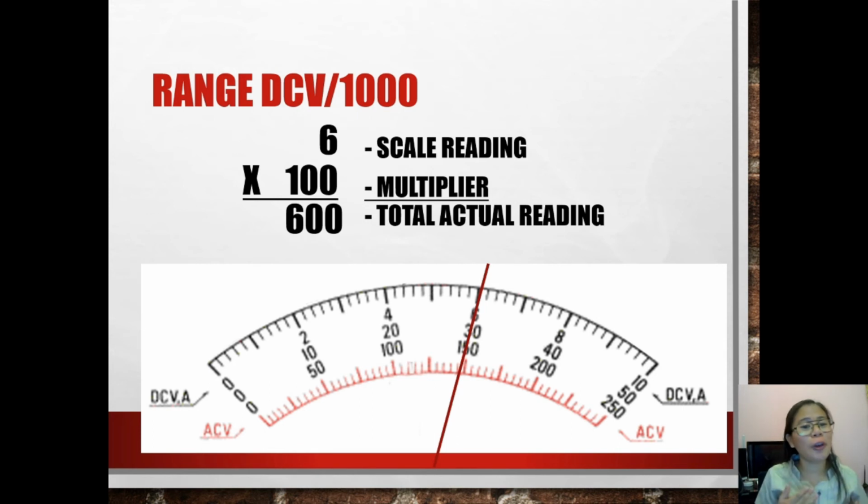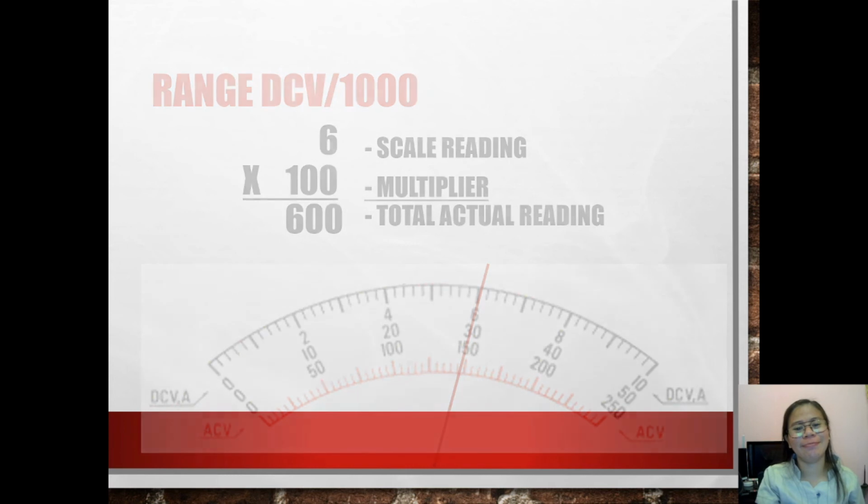If you don't want to use multiplication, you can move the decimal point to the right. So where is the decimal point of the number 6? We have the decimal point on the right side of number 6. So we move 2 decimals to the right. So we have 600. So that is the total actual reading for the range of 1000.